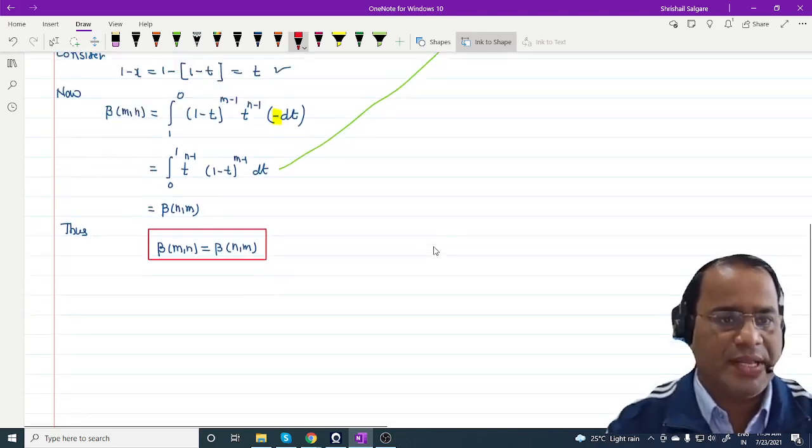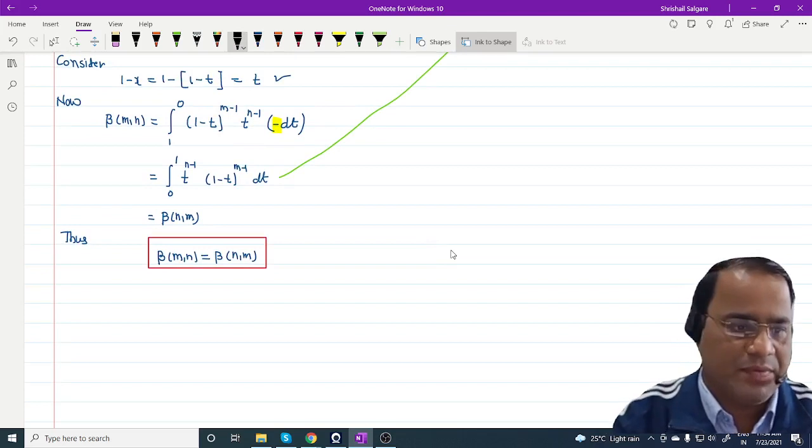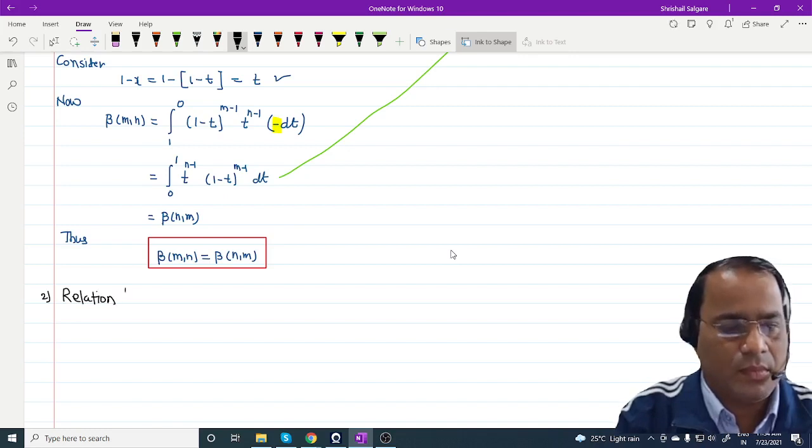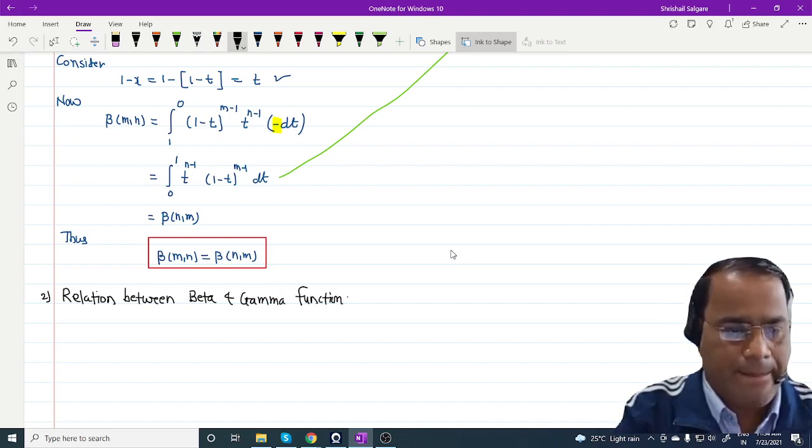Now the second property is a relation between beta and gamma function. To prove this result, first I will write that beta of mn can be written in terms of gamma as gamma m into gamma n divided by gamma of m plus n.